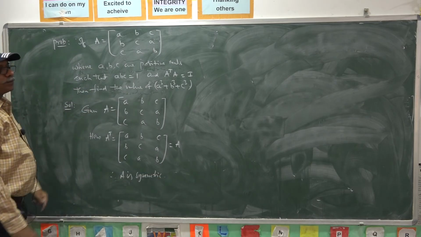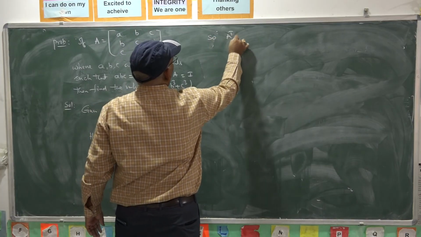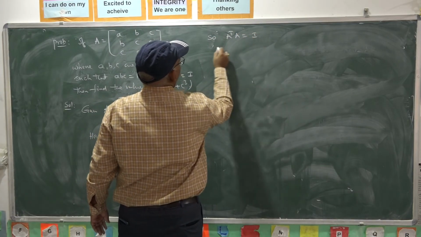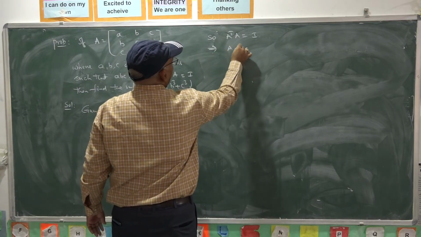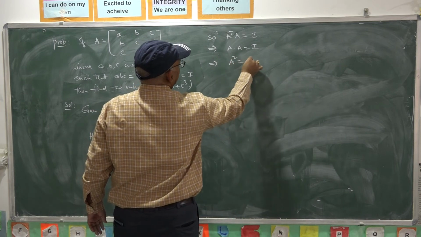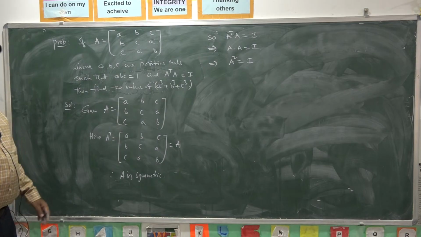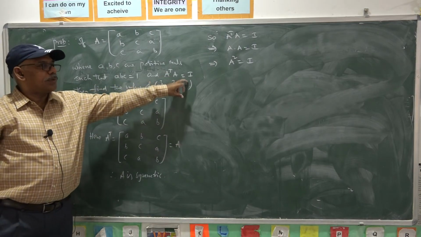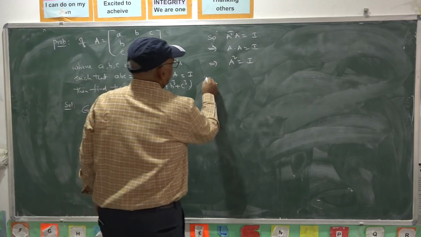So A transpose A equal to I implies A into A becomes I. That gives us A square equal to I. Now consider A square.